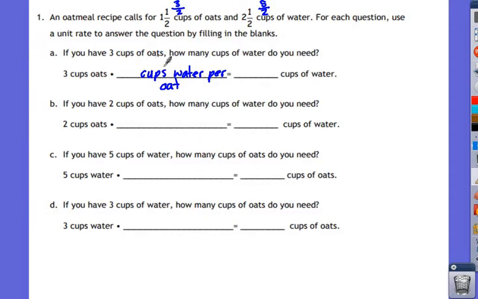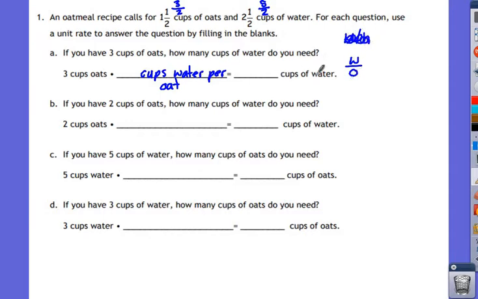They're giving me how much oats. So the word per represents division. So I'm looking at water per oats. Just like when I have miles per hour, that's really a division bar. So this is water per oats.